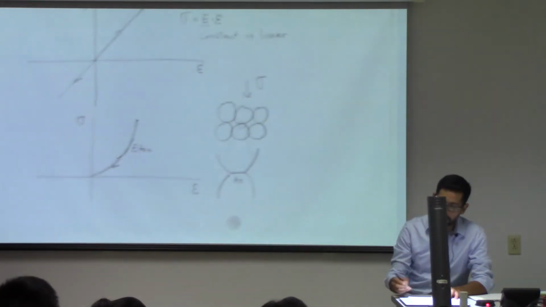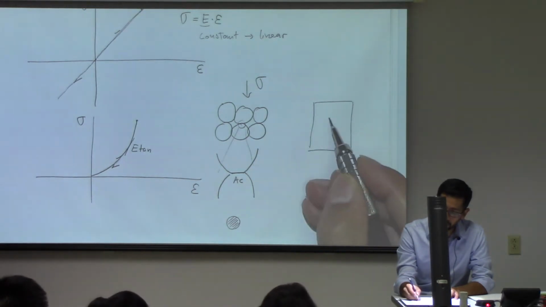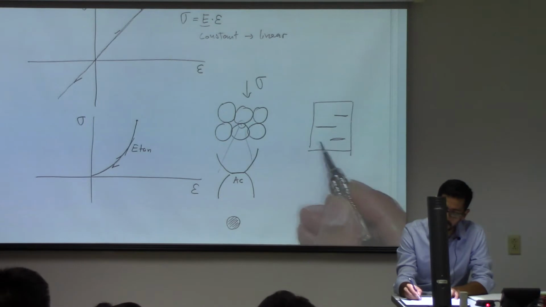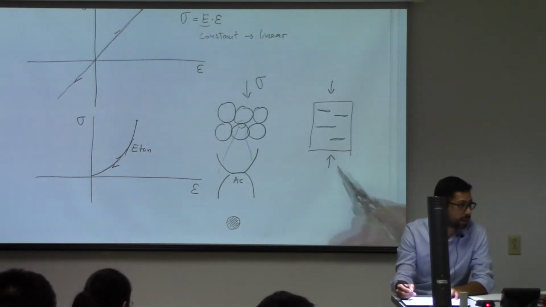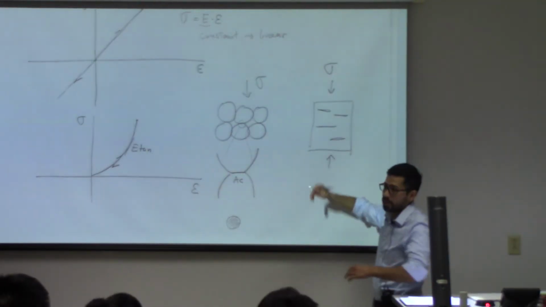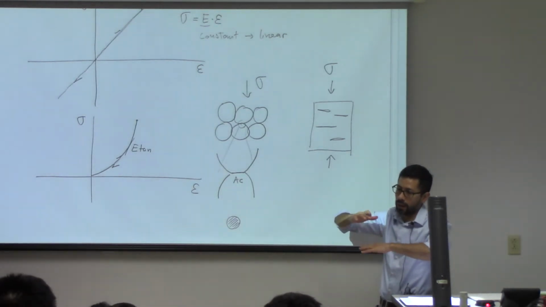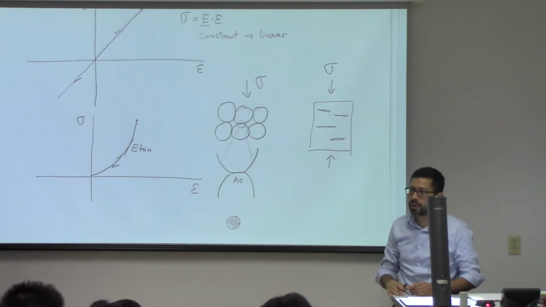And another example of these are also fractured rock masses that have fractures inside. As you apply stress on those, the fractures start to close, the walls of the fracture start to touch each other, and the material gets stiffer and stiffer as you apply more stress.